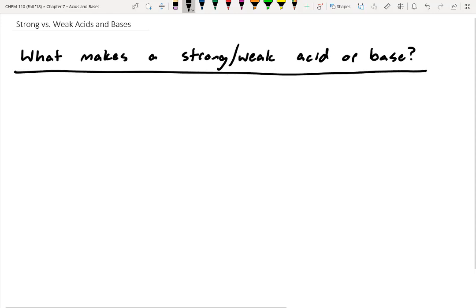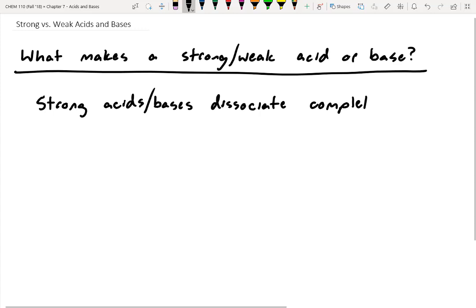All right, the big thing to remember is that strong acids or bases dissociate completely into ions. And let's take an example of that.